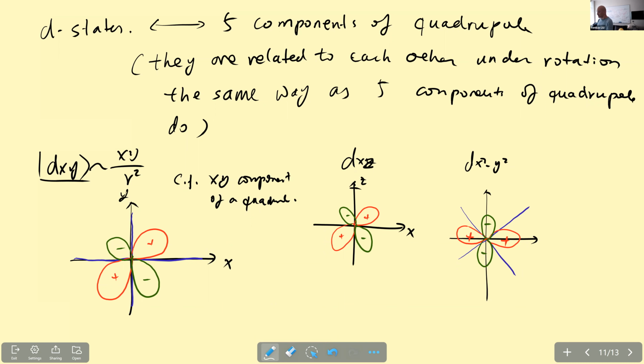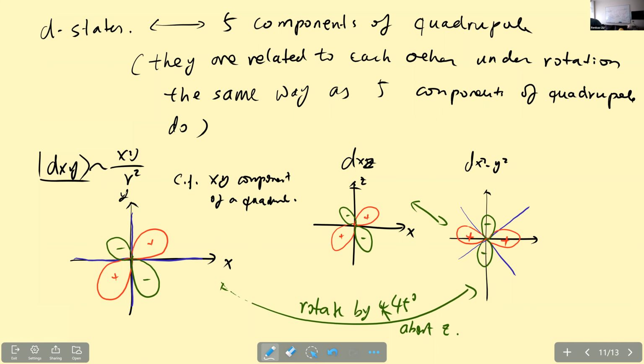So you can see that from this to this is just a rotation by 45 degrees about the z-axis. And from this one to this one, you can also do some rotation, you just rotate the xz to the xy, right? So they're all related by rotation, okay? Of course, you can have another one.